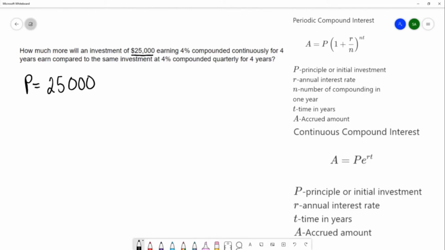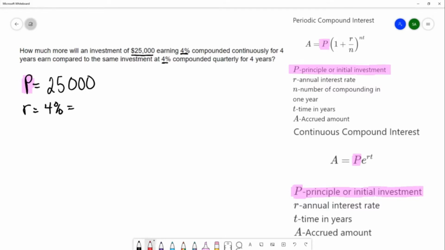Both the periodic and continuous compound interest formulas have P for principal, which is the initial investment. Both accounts are paying 4%, and that's our interest rate. We're going to use it in its decimal form.